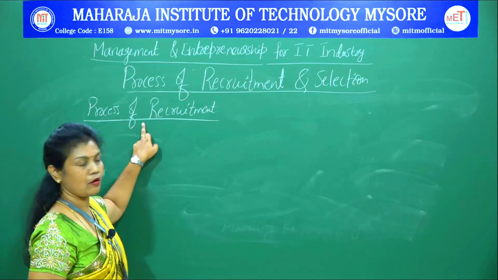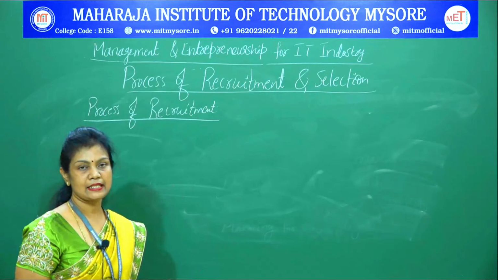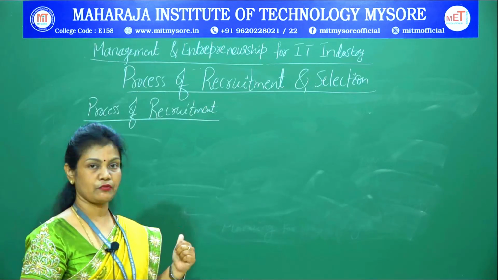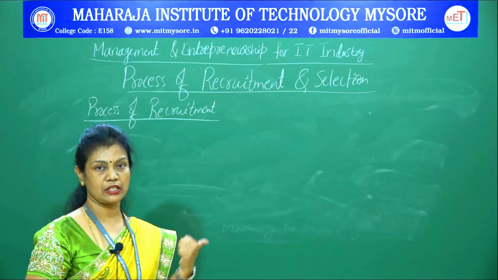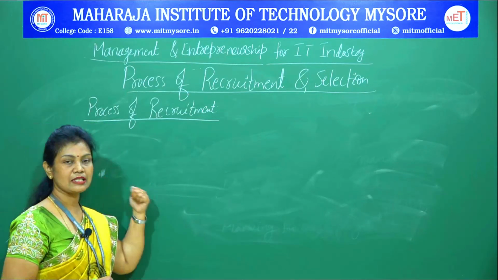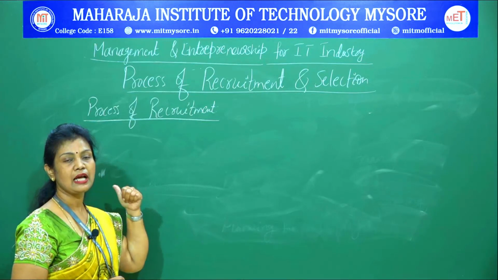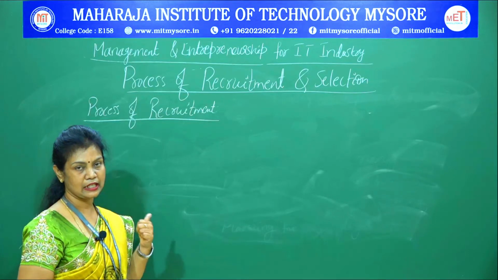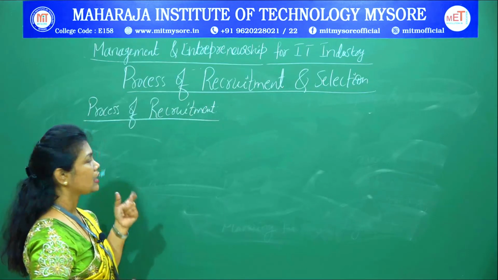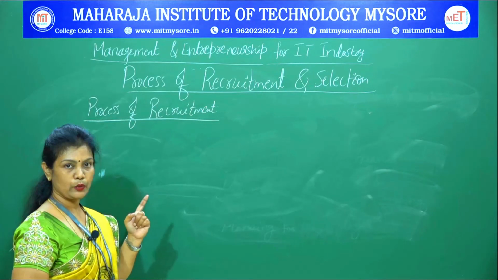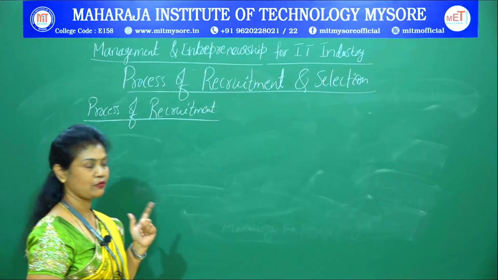What is process of recruitment? It is selecting the suitable employees to fit any particular position in the organization. So, recruitment is all about selecting suitable employees for different jobs in the organization. There are two different types of recruitment which the organization is going to follow.